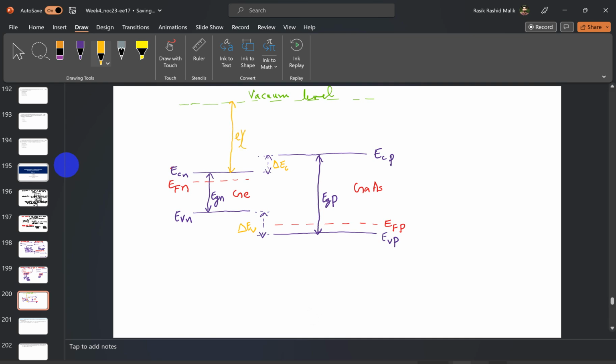So I will write E chi n, and for the wider bandgap material, E chi p. Okay, so this is the band diagram before contact.